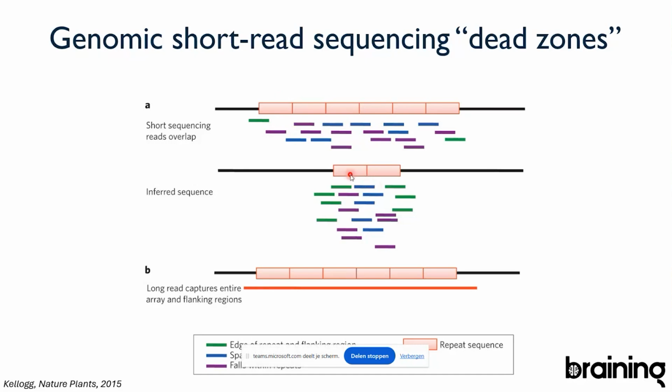We know that the repeats exist, but we have no clue whether we have 2, or in this case 6, or based on short-read sequencing, we might have 20 or 200. We simply don't know. However, with long-read sequencing, we can sequence those dead zones, right?